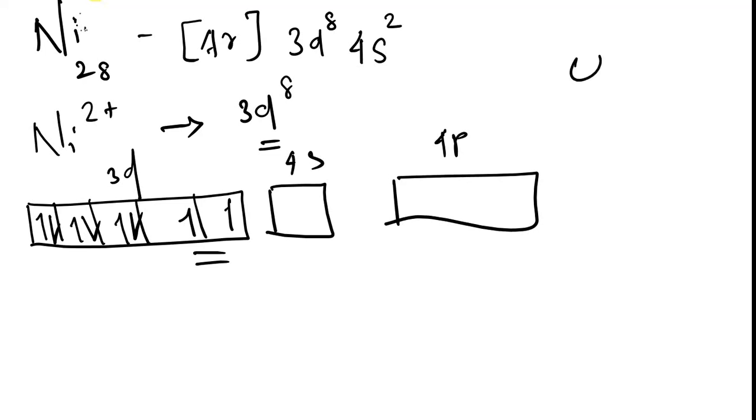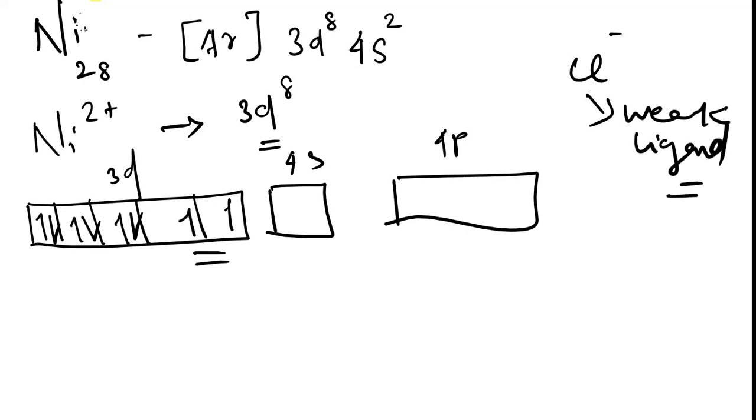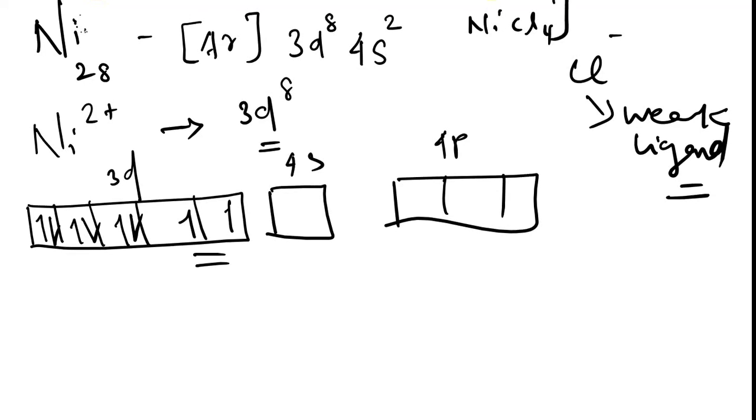So here chlorine is a ligand. Chlorine is a weak ligand, in the sense it does not push the electrons for pairing. So wherever the place is available, it pairs on. How many chlorines are there? The formula of the compound is K2NiCl4, so 4 chlorines are there.